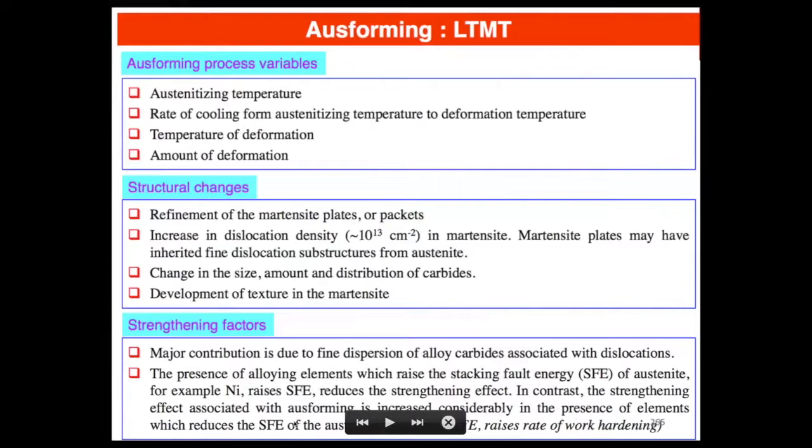Depending on the alloying elements, you can adjust the stacking fault energy, and if you have a higher stacking fault energy, you're going to have a lower work hardening rate, so you're going to get a lower strengthening effect out of ausforming.